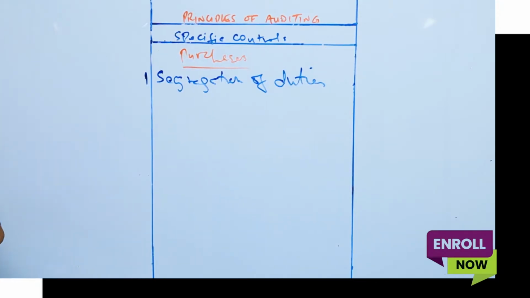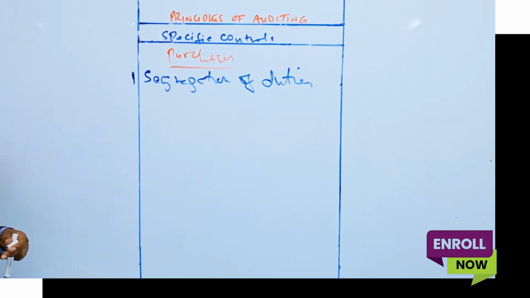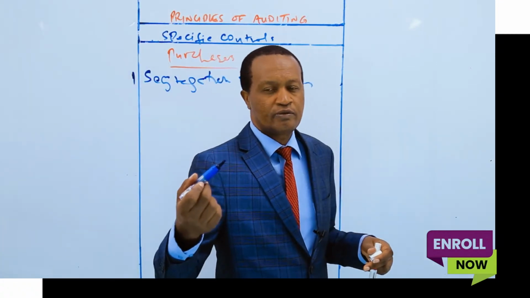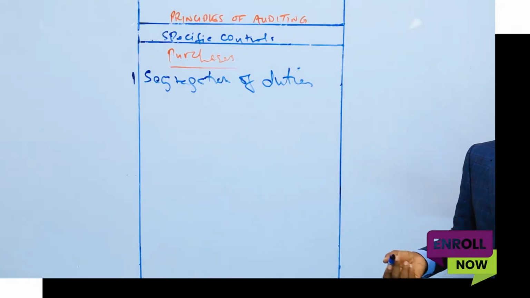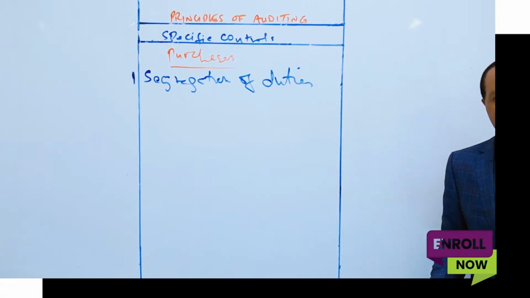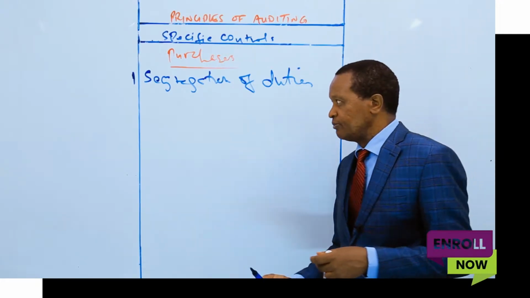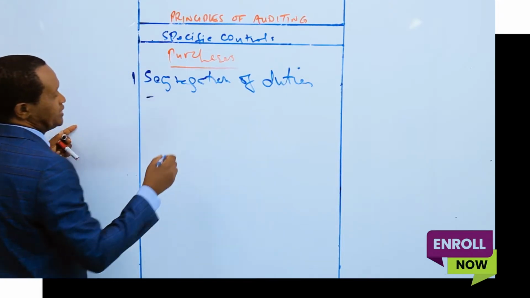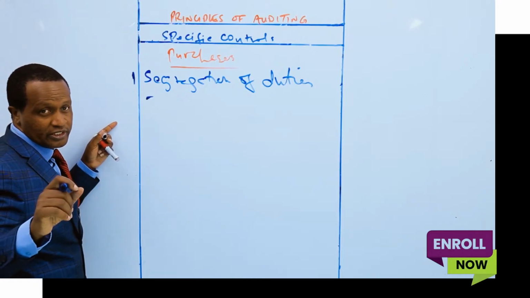That means separating individuals or departments for initiating purchase requisitions, approving purchase orders, receiving goods, recording purchases and payables, authorizing for payment, and so on. So in the purchasing cycle, there ought to be segregation of duties.